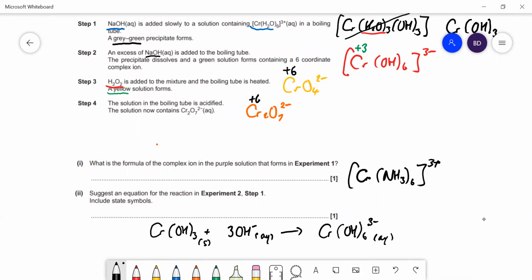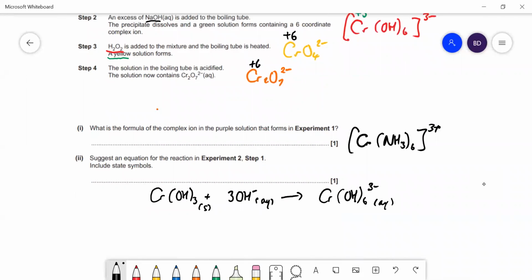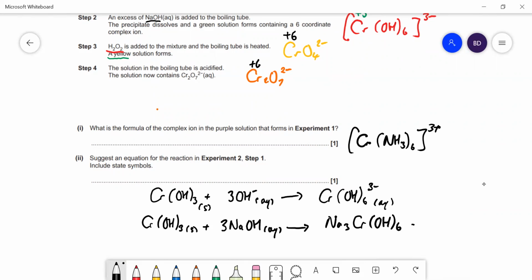So the solid precipitate redissolves. If you want to put in the sodium ions, you probably get away without putting them in. 3 NaOH goes to Na3Cr(OH)6 aqueous. So you can write it like that as well.